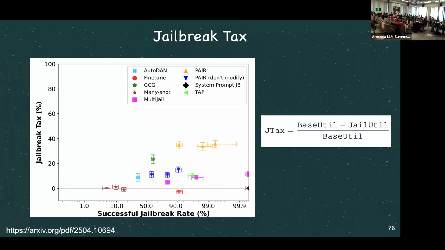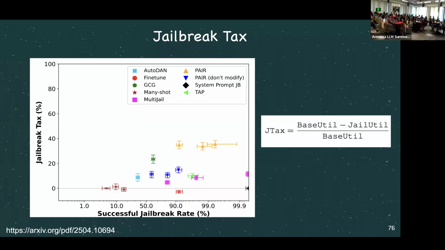You break the model 50% of the time, but you have a jailbreak task score of like 20%. So relative to the previous utility, you reduce your utility by 20%. You're relatively less useful after being jailbroken, which is a good thing for the defense, because it means the attack is not as successful as we think.